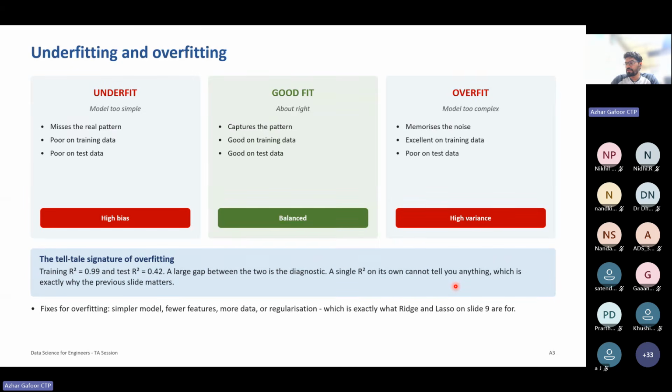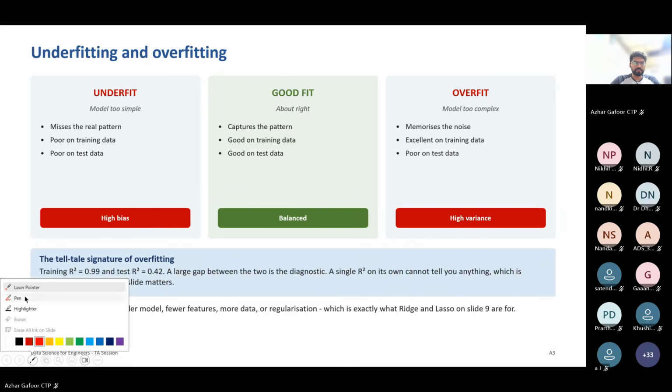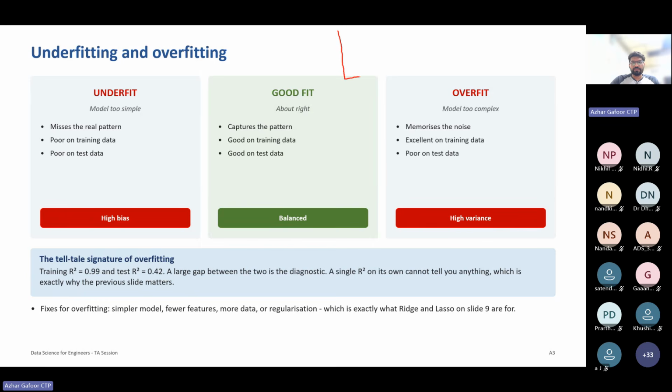Now, another problem that can happen when training our model is underfitting. Let's say this is our data. We have data here, here, here, here. It's kind of like a parabola.